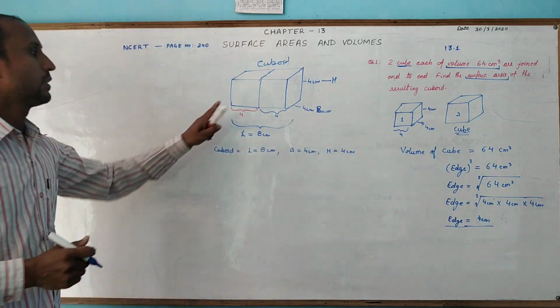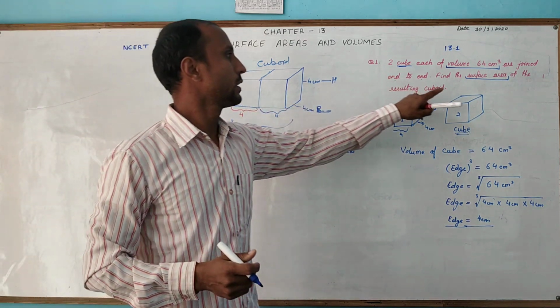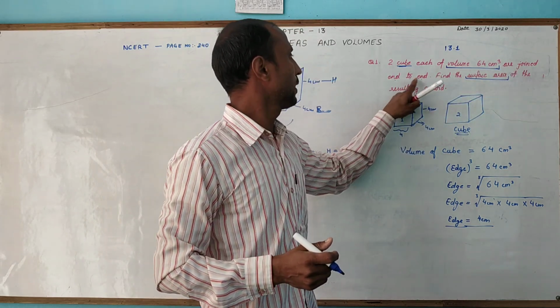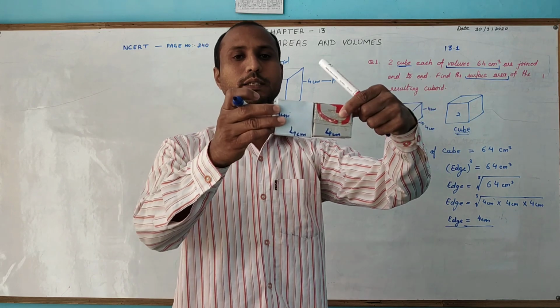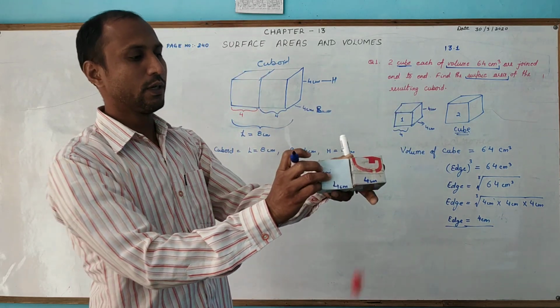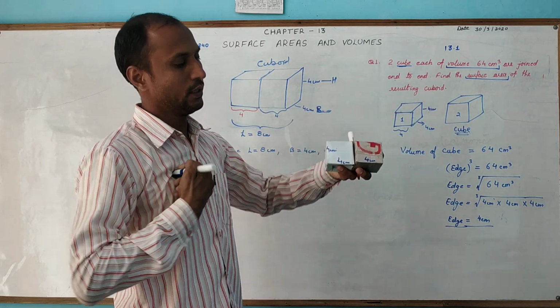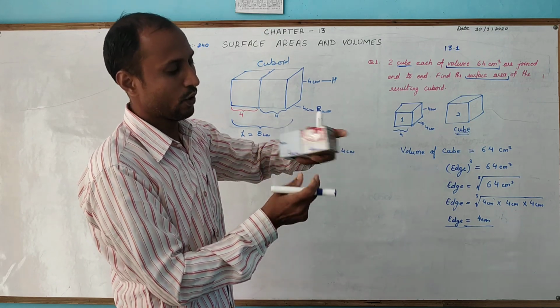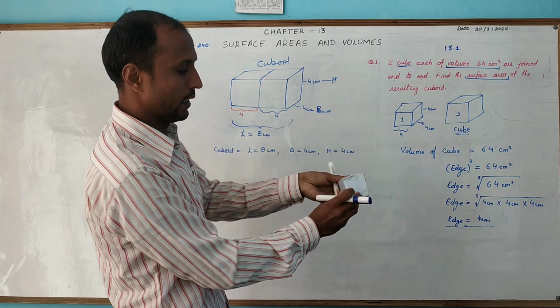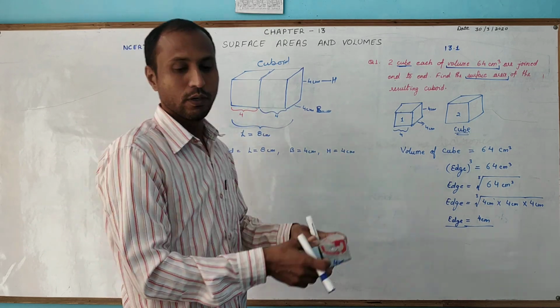This is our cuboid because it is written that it is joined end to end. We have already joined these two like this. After joining these two, it becomes 8 length. This part is 4 only and this part is 4 only. Here it is 4 only and height is also 4 only.